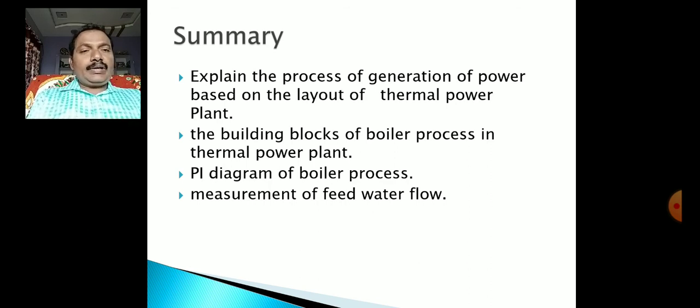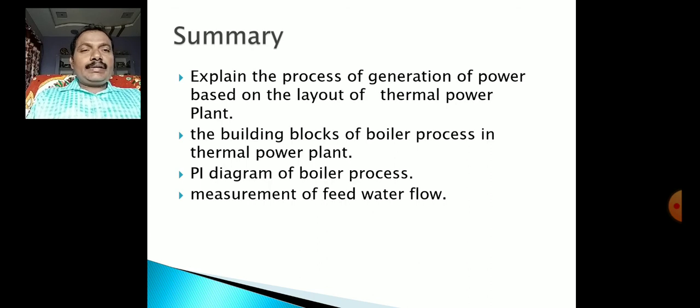And we came to know that the boiler can be either water tube or fire tube based boilers. In the fire tube boiler, the flue gases, hot gases are running through pipes which are immersed in the water.